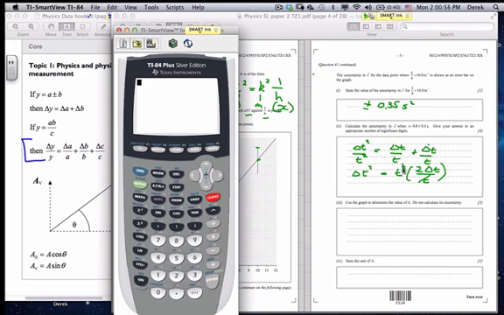That will cancel, and so I get 0.8 times 2 times 0.1, which is 0.16. Now it says to an appropriate number of significant digits, and you can see all of these are to one significant figure. So my answer will be 0.2 s squared. So there we have that one.